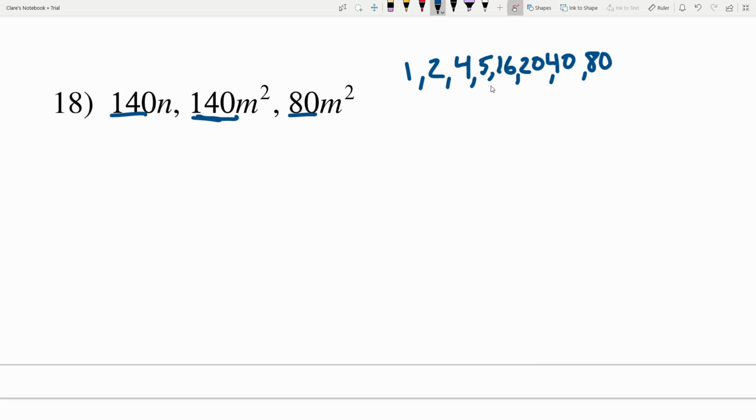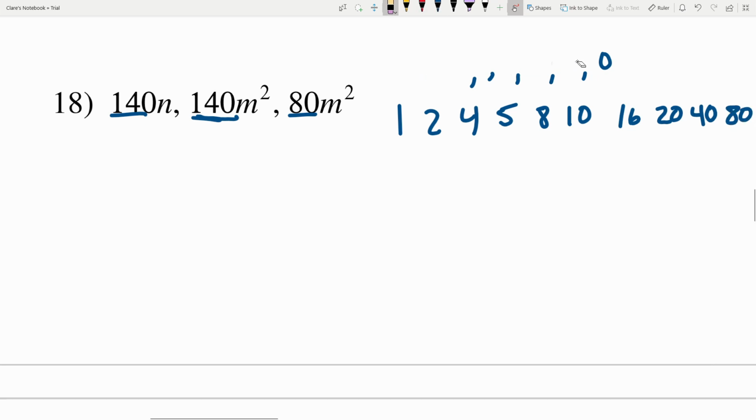Is there anything else? 6 does not, 7 does not, but 8 does. So let me rewrite these, stretching them out a bit. So 1, 2, 4, 5. Now we have 8, and 8 times 10 is 80. So then I'll write the rest of my factors, 16, 20, 40, and 80.